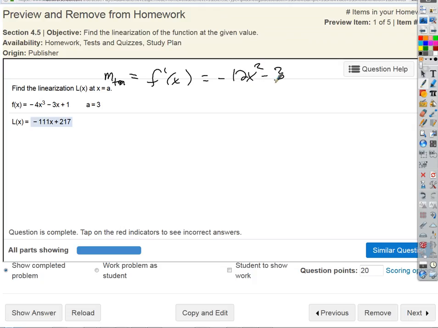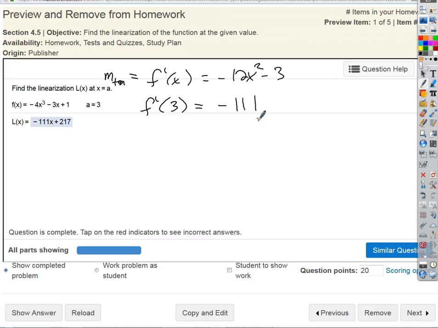So then what is f prime of a? Negative 108, minus 3 more is negative 111. Right? So that's the slope of the tangent line.